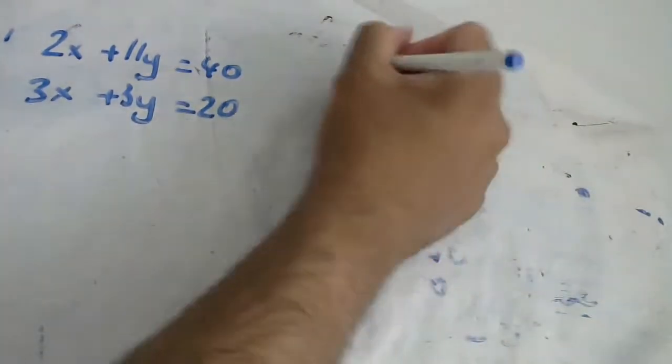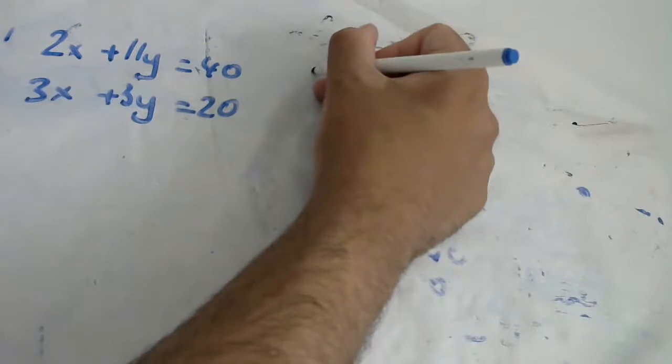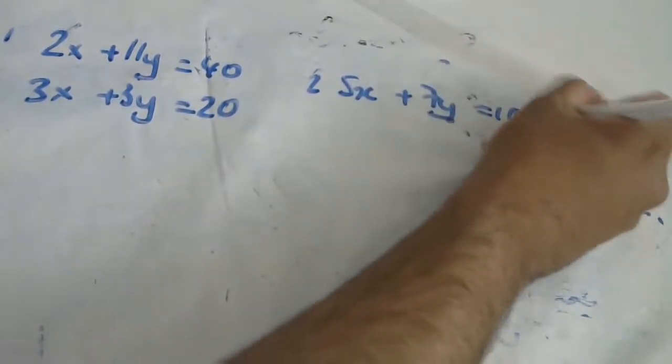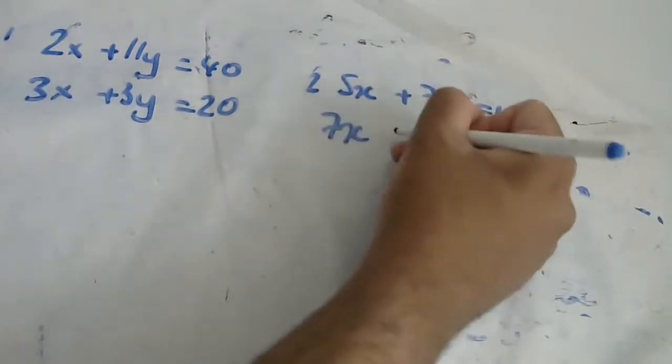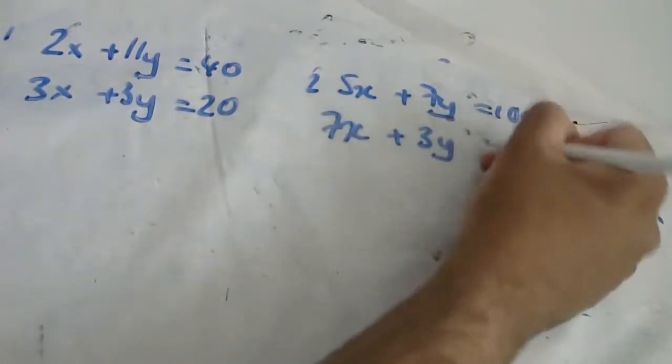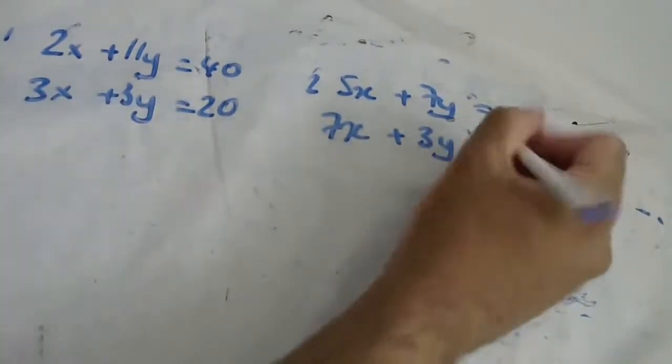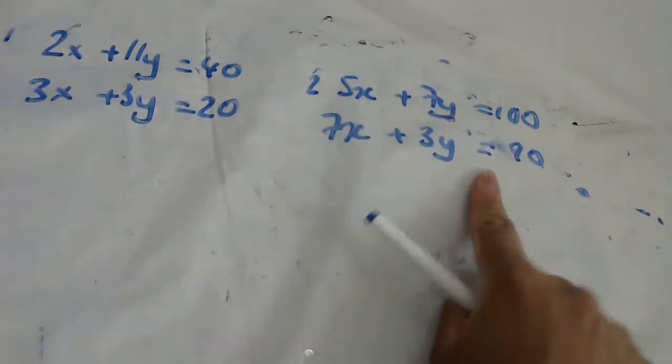There should be 4 questions this time. Number 2, 5x plus 7y equals 100, and 7x plus 3y equals 90. Yeah, that's a 90, not an 80.